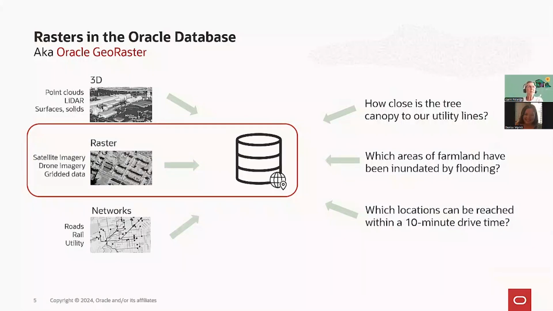Rasters in the Oracle database are represented using a specific data type called SDO GeoRaster. And with raster, we typically associate either satellite images, aerial images, drone imagery, also gridded data provided by meteorological services.